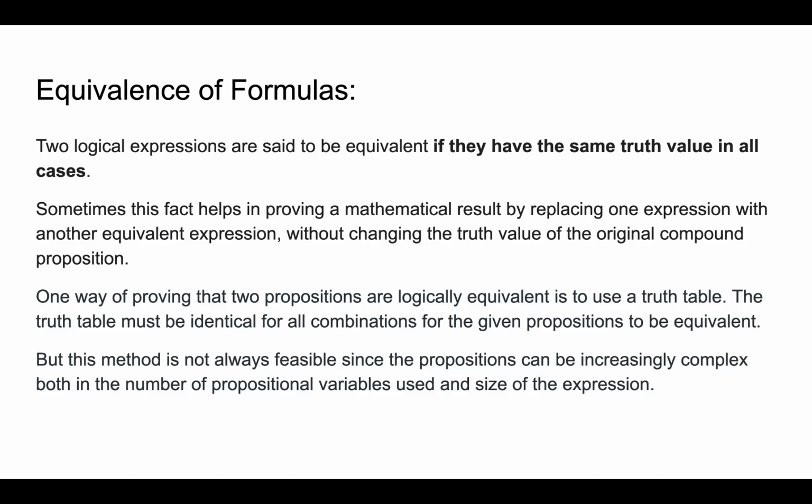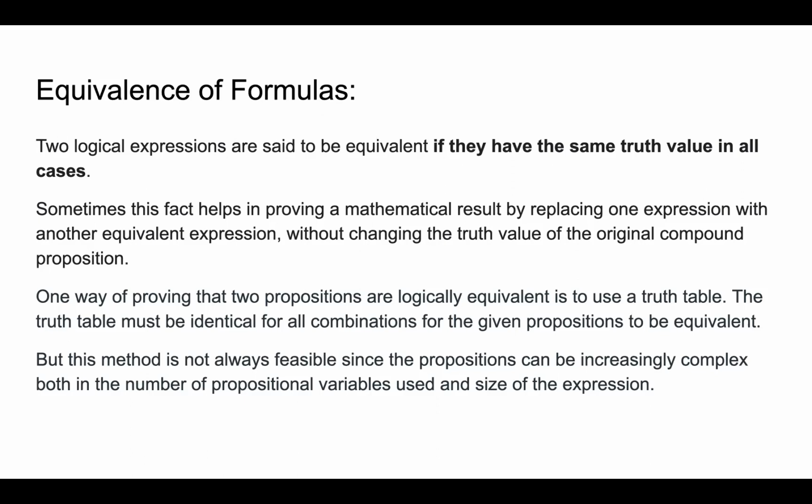One way of proving that two propositions are logically equivalent is to use the truth tables. By truth tables we can see, if both the columns, left hand side and right hand side, are the same, in that case the two formulas are equivalent with each other.